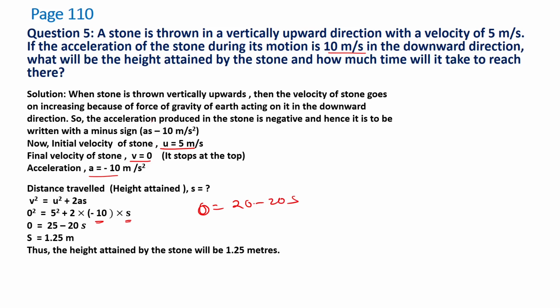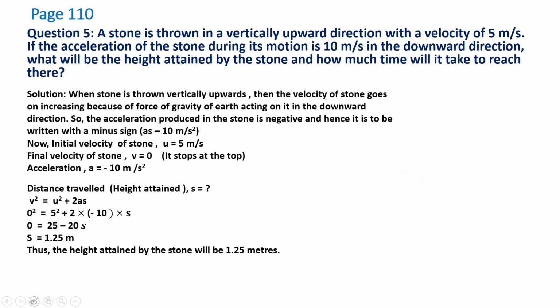Moving 25 to the other side, minus 25 is equal to minus 20 s, so minus minus becomes plus, and s is equal to 25 divided by 20. Dividing by 5, it is 5 by 4, which gives 1.25 meter. So this is the answer of this question.